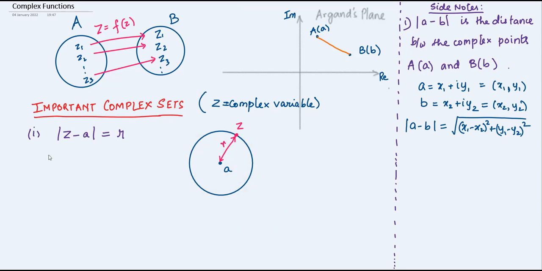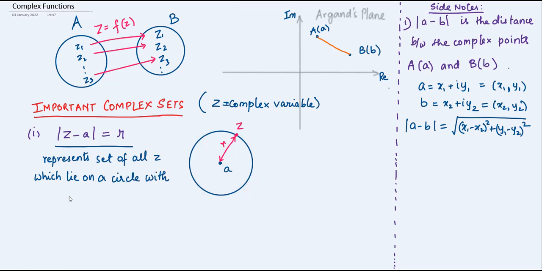So modulus of Z minus A equal to R represents the set of all Z which lie on a circle with center A and radius R. So the center is at this point A and the radius is R. Modulus of Z minus A equal to R represents this.